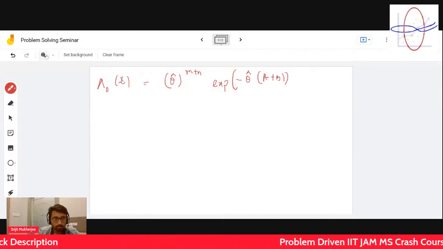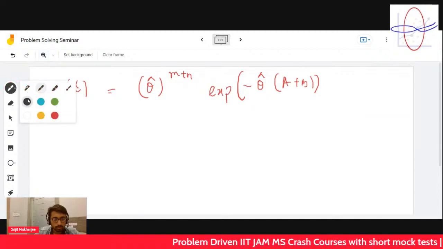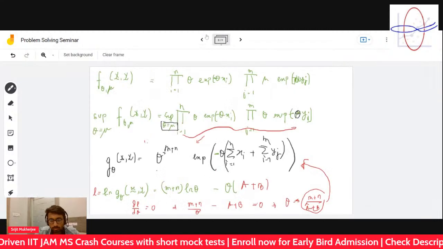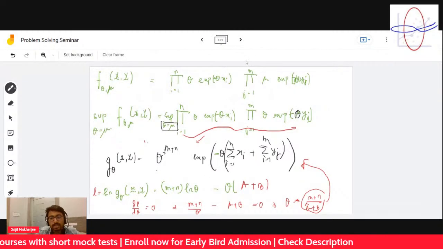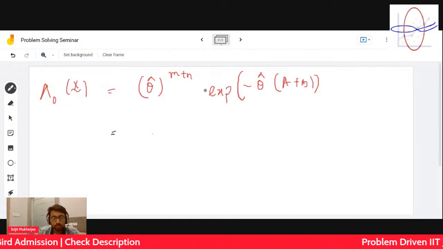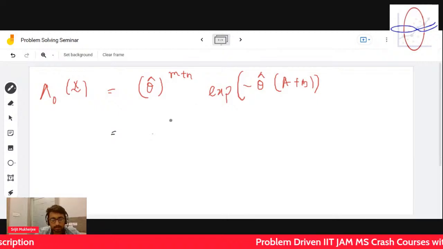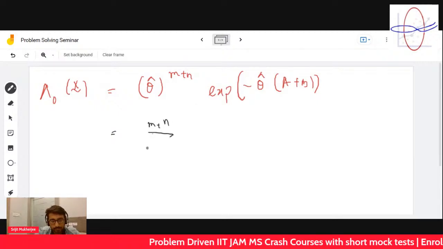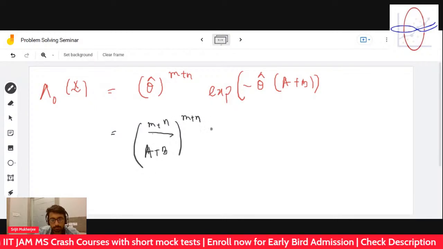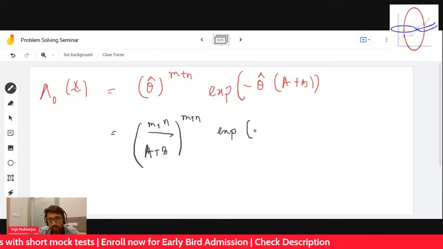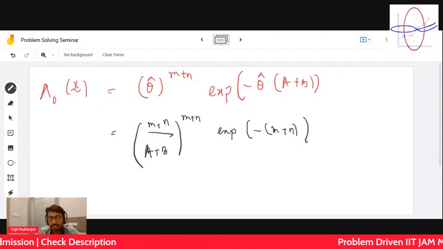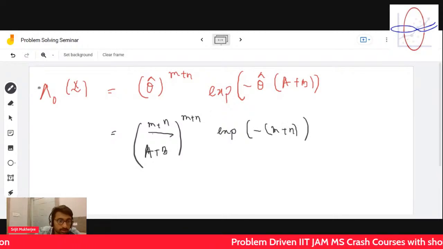So m plus n by a plus b, the supremum value we are putting now, whole to the power m plus n, exponential. Here minus m plus n by a plus b times a plus b, so it's just minus m plus n. A plus b get cancelled. So this is the maximum value of the numerator.